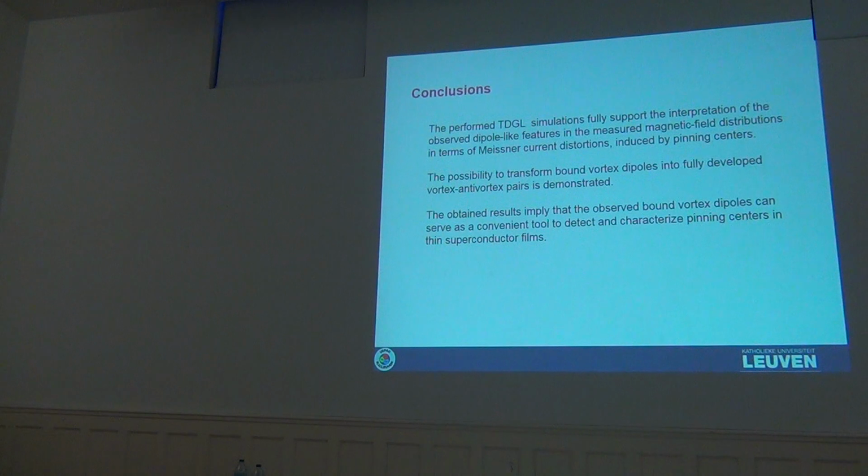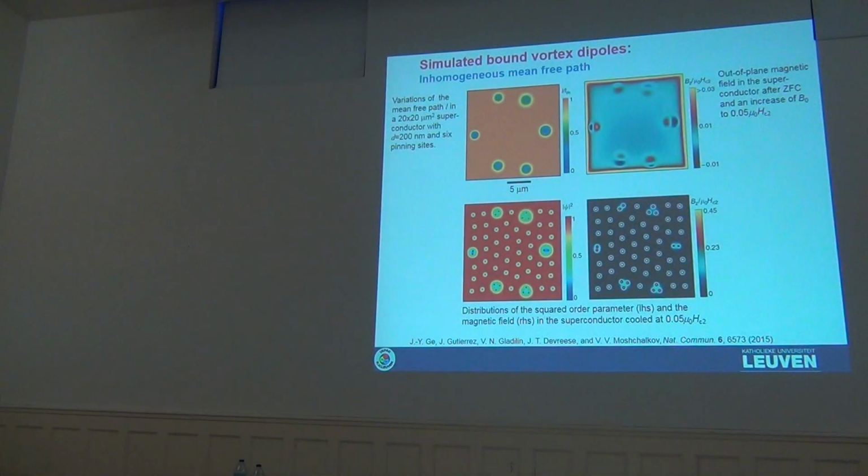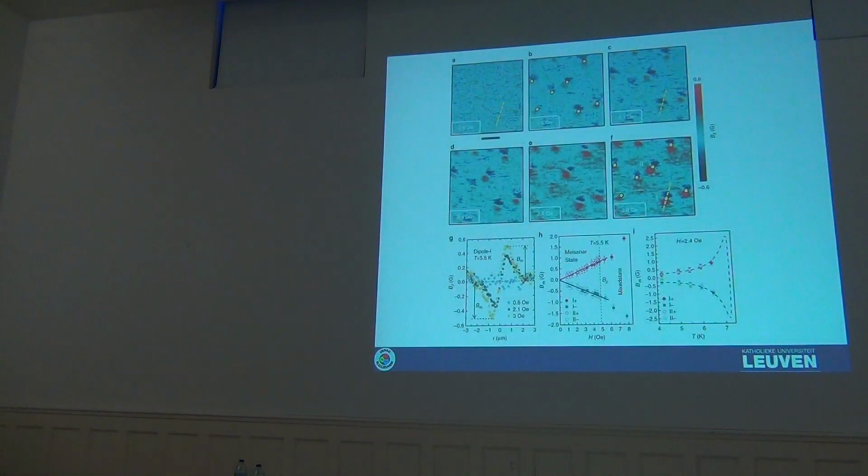Okay. So, an important point here is that you have spontaneously formed pinning centers, and then if Meissner current flows around these centers, you create these dipoles, which are visualized by scanning Hall probe microscopy, and their position correlates with the position of the circulating Meissner current.